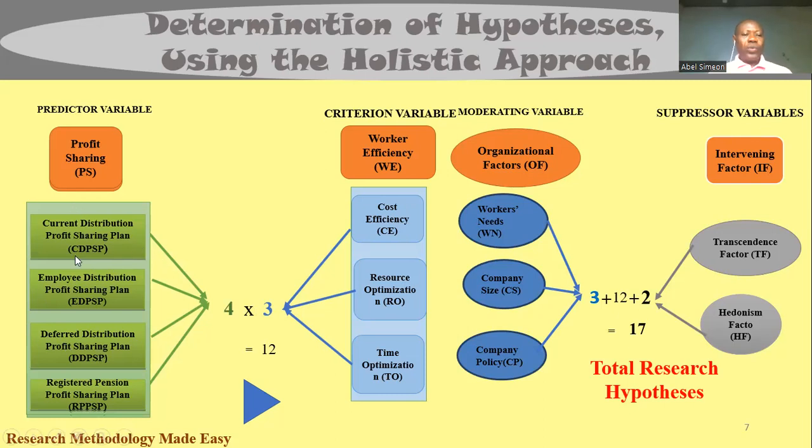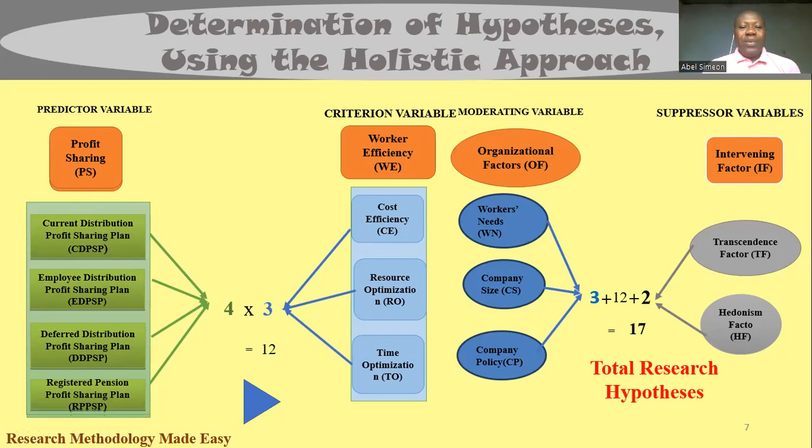If I have 2 dimensions, and 2 measures as indicators of the dependent variable, and only 1 moderating variable and only 1 suppressor variable, that will give me 2 times 2, 4, plus 1, 5, plus 1, 6. So that will give me 6 hypotheses. It's as simple as that.